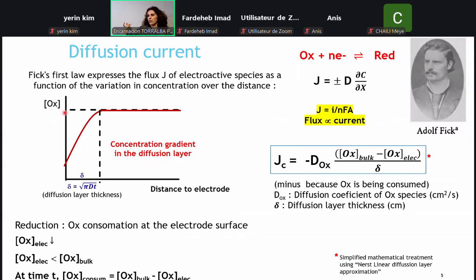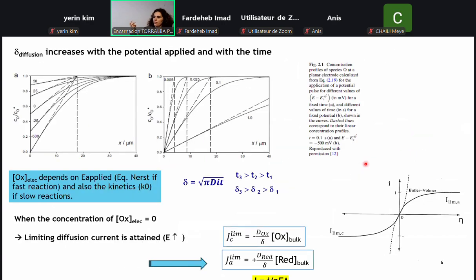And then when we apply a potential, we start reducing, so the concentration of the oxidized species starts decreasing until it reaches 0 at the surface of the electrode. In this case, this simplifies even more, and we have this very small equation that we use a lot, that is the limiting current by diffusion.